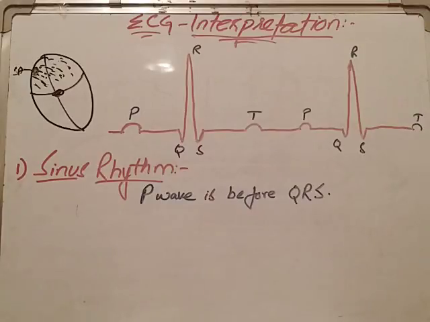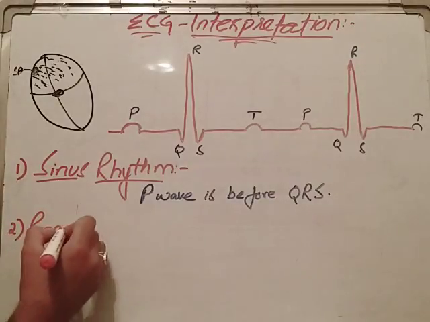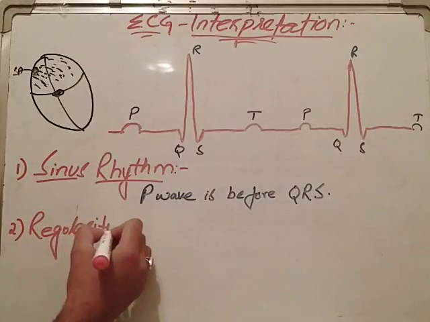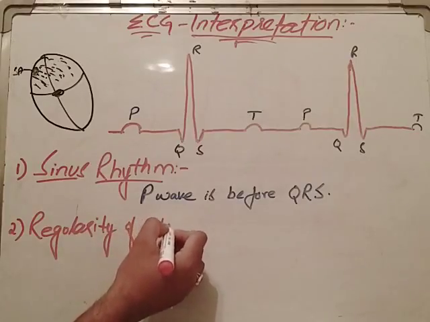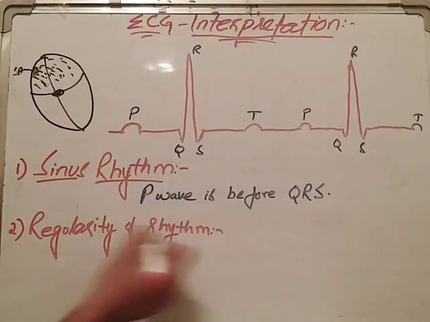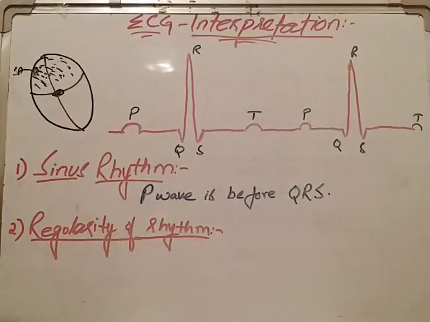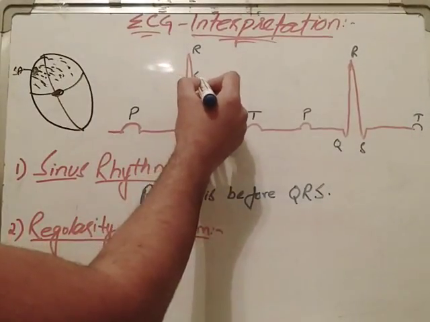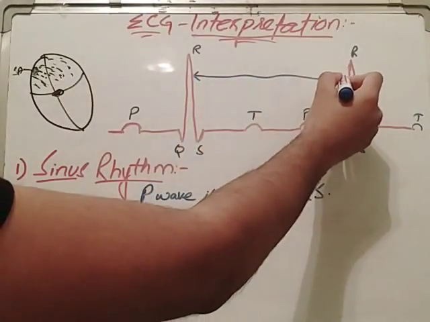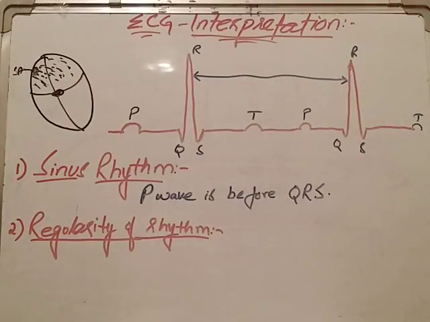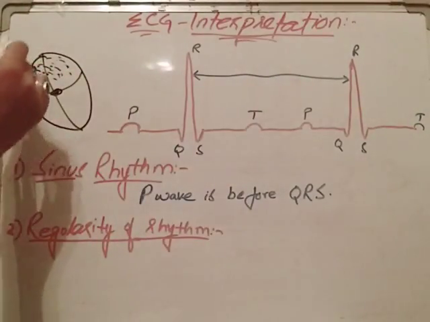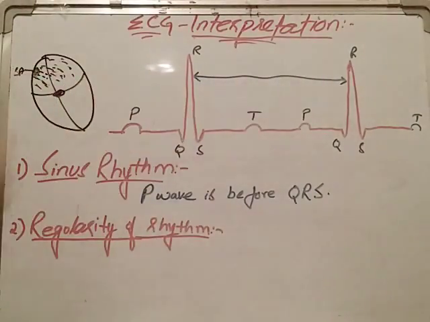The second is regularity of rhythm. Regularity of rhythm means that if the distance between R and R is equal, for example this one is R and the other R is here, and the distance between the R waves is equal, it means that the heart is contracting with equal rhythm, that the rhythm of the heart is regular.